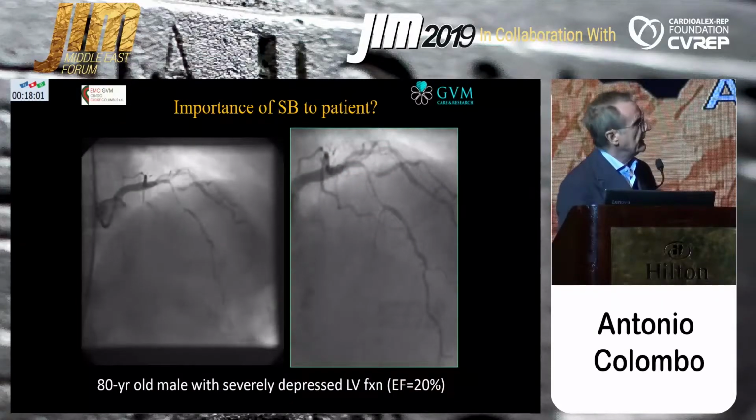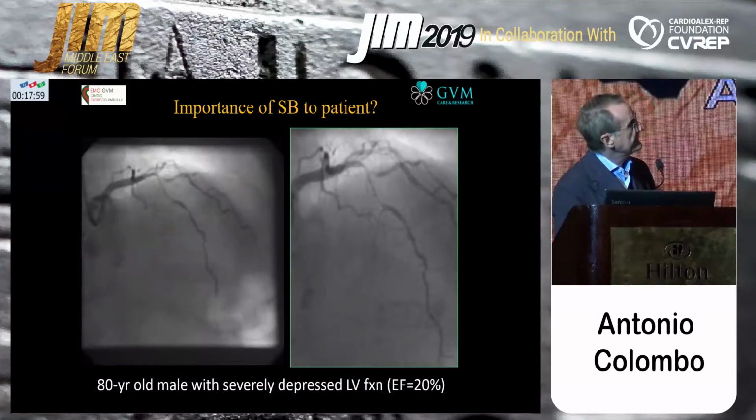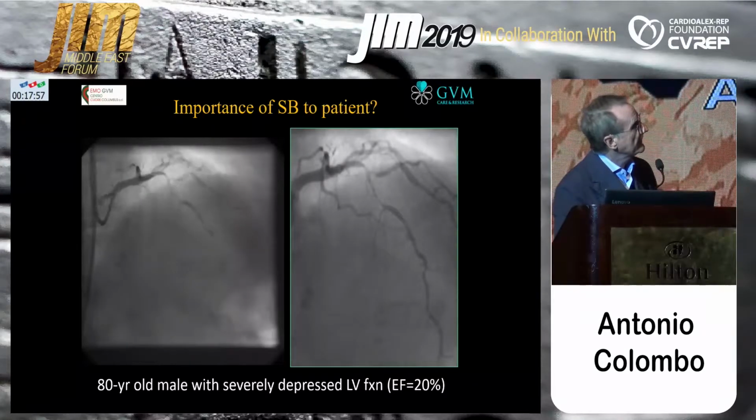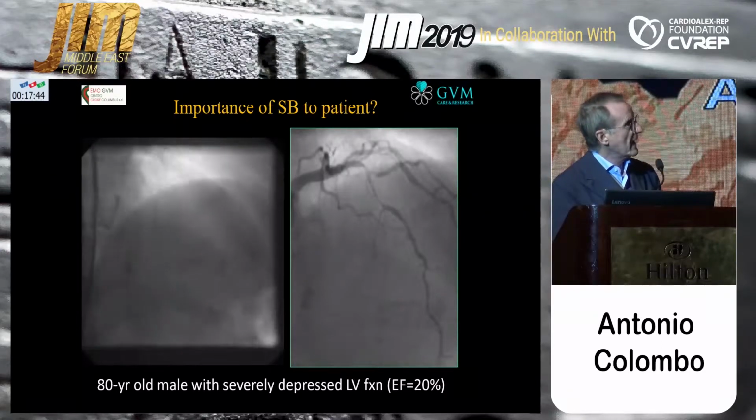Look at some examples. This side branch is focal, it is important, but it is focal. Then what would you do? Of course, 2 wires.